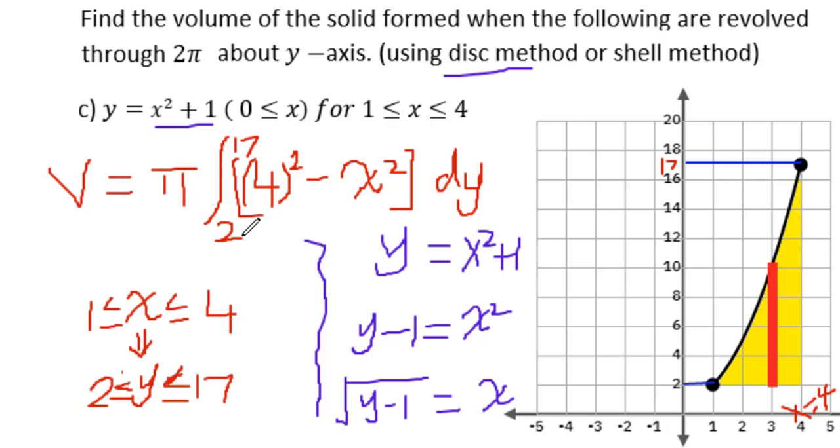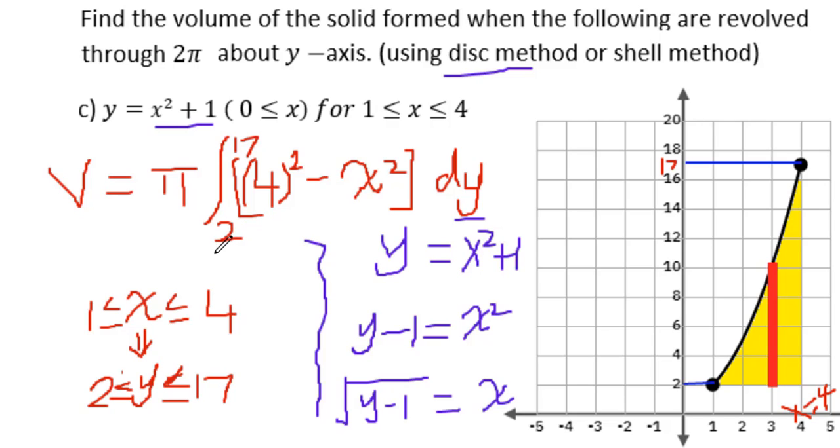So we will use pi times the integral. Remember the interval will be the y value. So for the domain x greater than or equal to 1, less than or equal to 4, if you plug into x squared plus 1, you can get the range for the y value between 2 and 17.